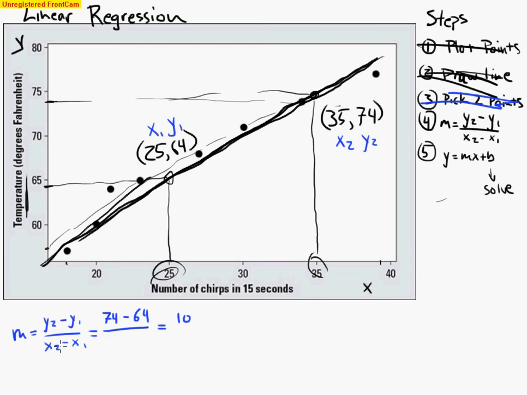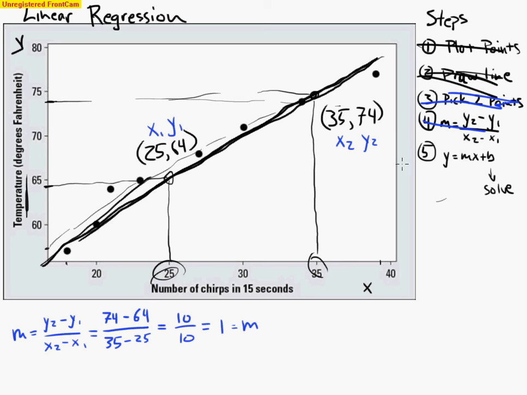And then my x2, what's my x2? 35. 35 minus 25. Oh, this actually comes out pretty nice. And that is also 10. So 10 divided by 10 is 1. So I found my m is 1. Good. Number 4 is done.